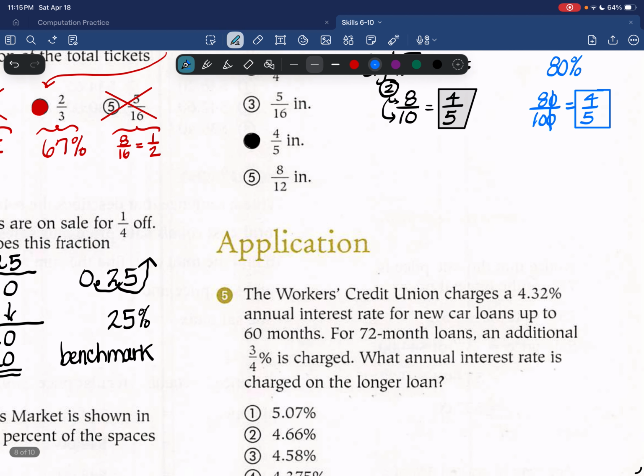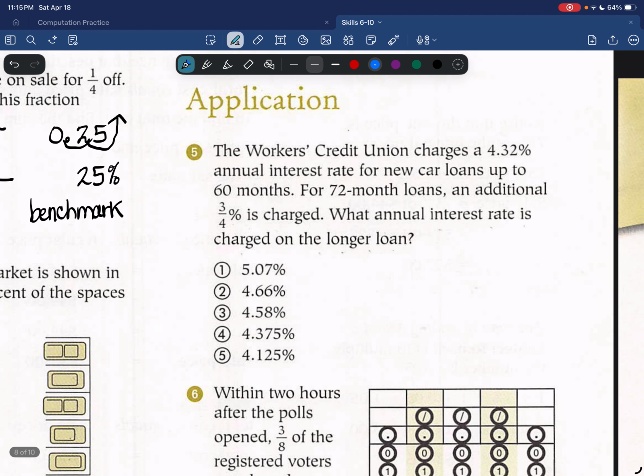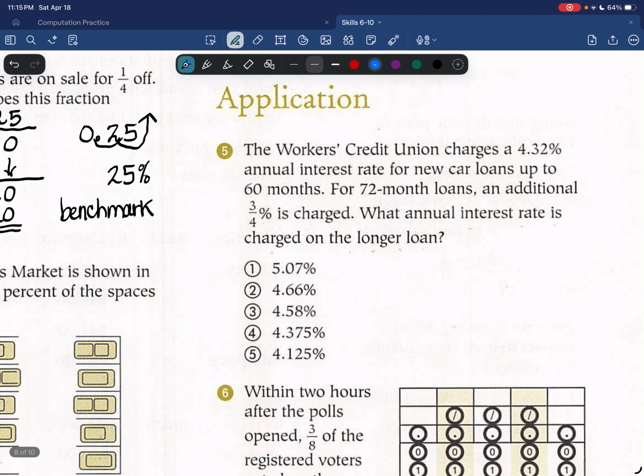All right, application. The Workers' Credit Union charges a 4.32% annual interest rate for new car loans up to 60 months. For 72-month loans, an additional 0.75% is charged.